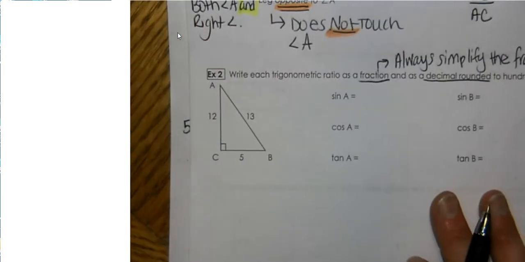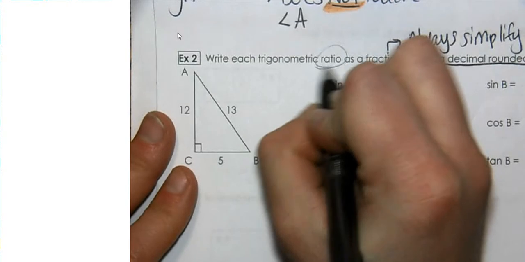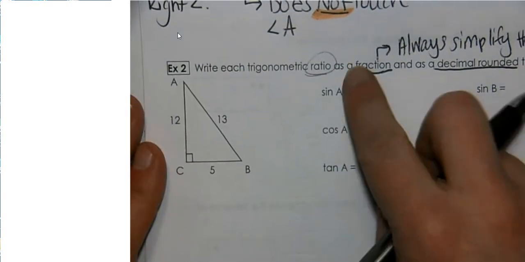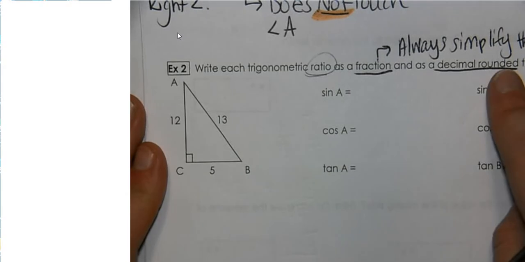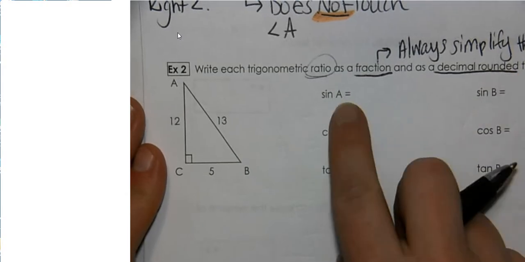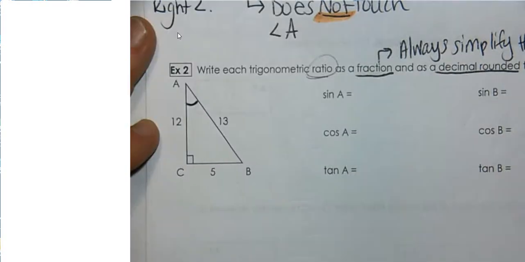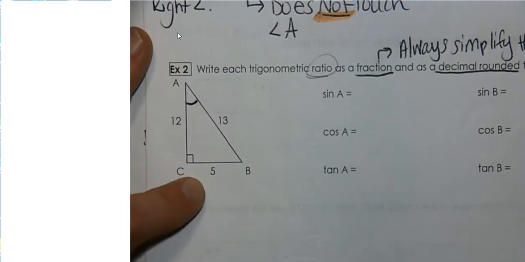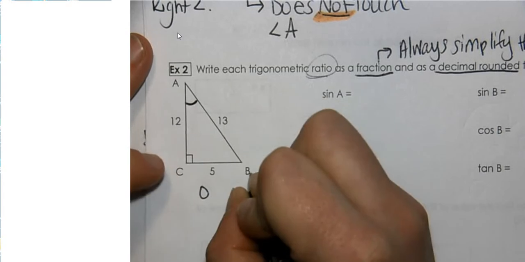So in this problem, what we want to do is we want to write each trigonometric ratio as a fraction or a decimal. So we have working with angle A and then working with angle B. So let's start with angle A. Making angle A my focus angle, I know that side 5 or side BC is the opposite because it's right across.